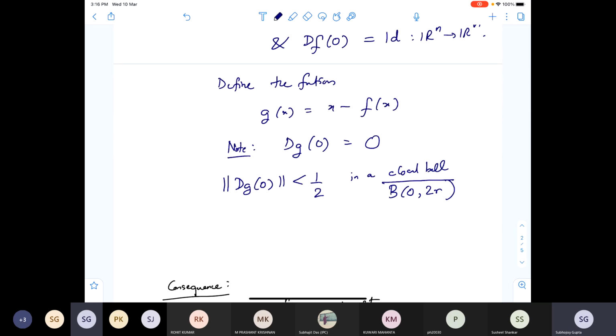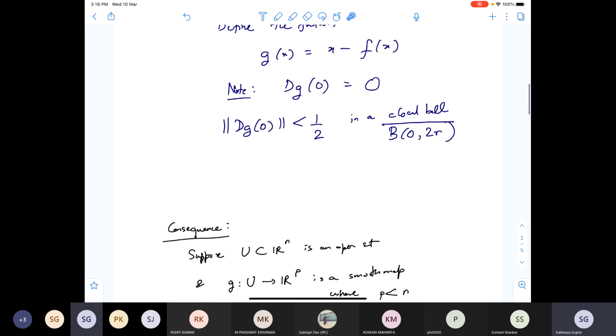This is just by continuity. The entries of this matrix vary continuously. This zero is actually an n by n matrix with all entries zero. If it's zero at the vector zero, then anywhere in the neighborhood of zero it will continue being very small. In particular, these entries, or the L2 norm, or whatever norm you choose, is going to be small.